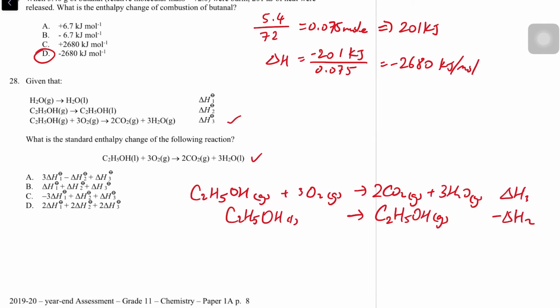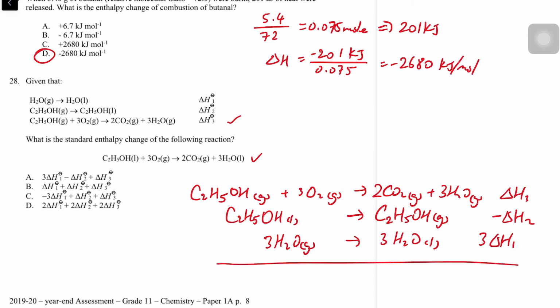Okay, and finally we should eliminate the H2O gas. Okay, this is free H2O gas to form free H2O liquid. So this one, it should be delta H1, but we need times 3. Okay, so the overall, we cross out, okay, use other color.